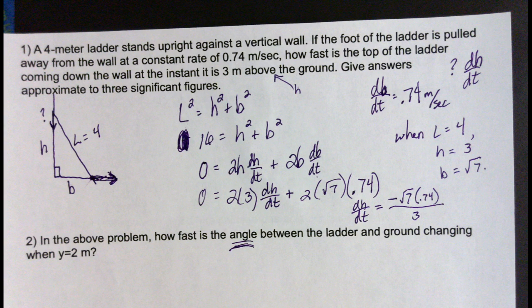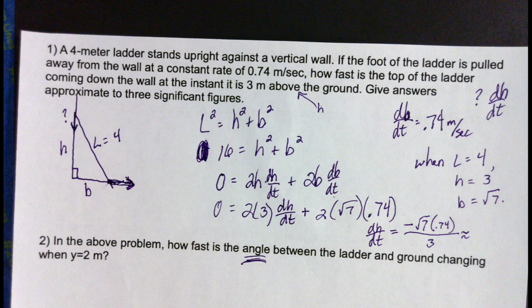Sometimes it is important to know what direction something is moving in, but we knew it was moving down, and it just asked us how fast. So we didn't actually need the negative there, but in some contexts you would need positive or negative, like in physics.